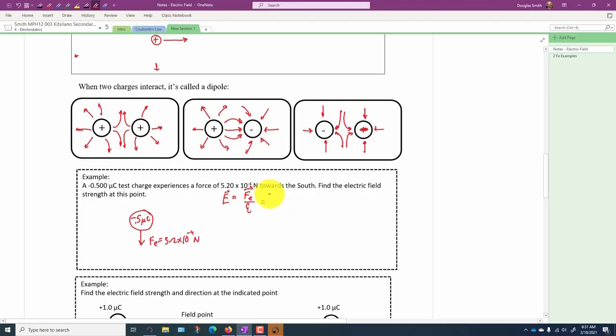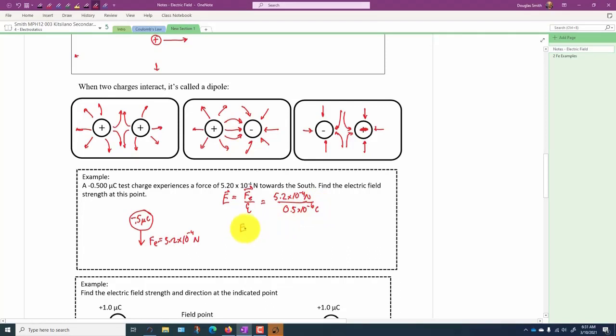That tells us this is 5.2 times 10 to the negative 4 newtons divided by 0.5 times 10 to the negative 6 coulombs. Actually, the negative sign doesn't really need to be here because it's a vector. We'll talk about the direction in just a second.